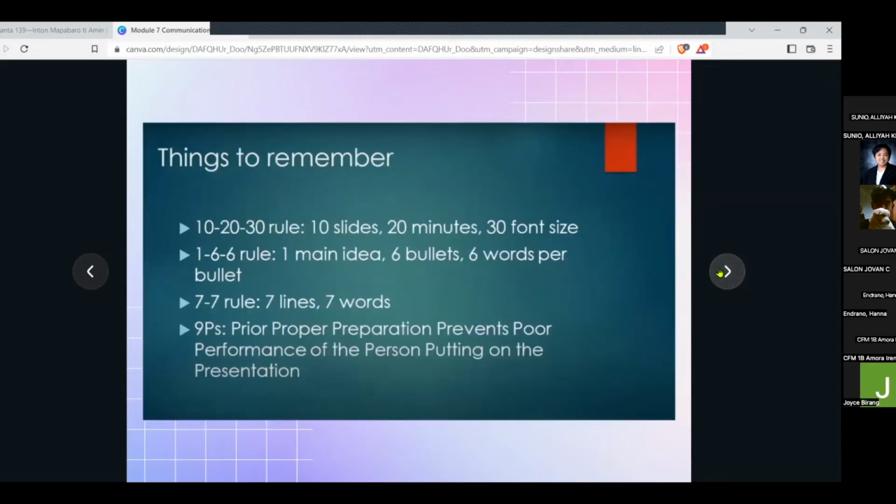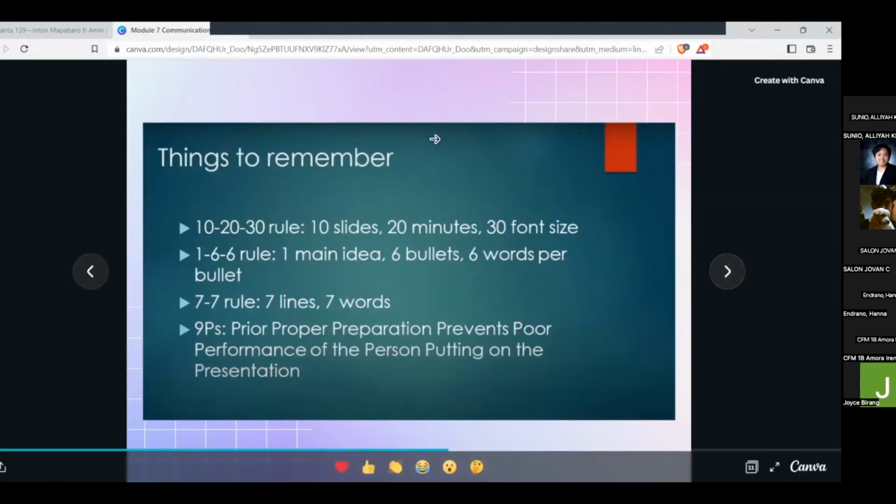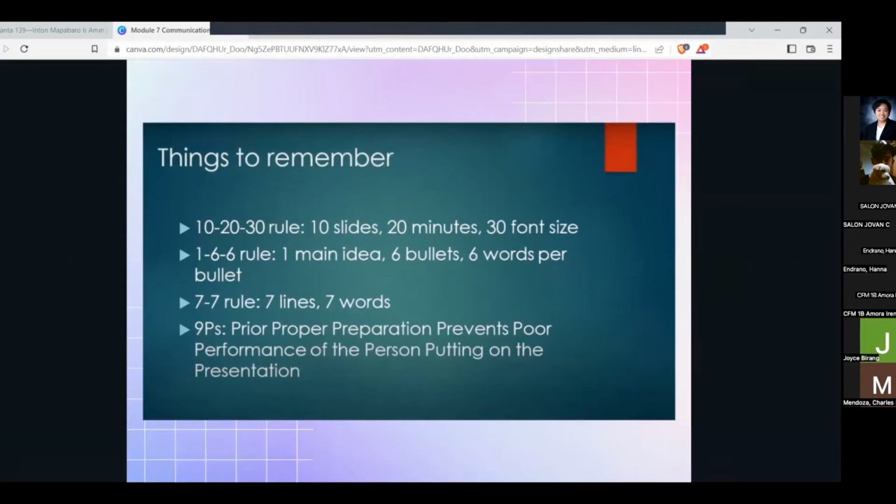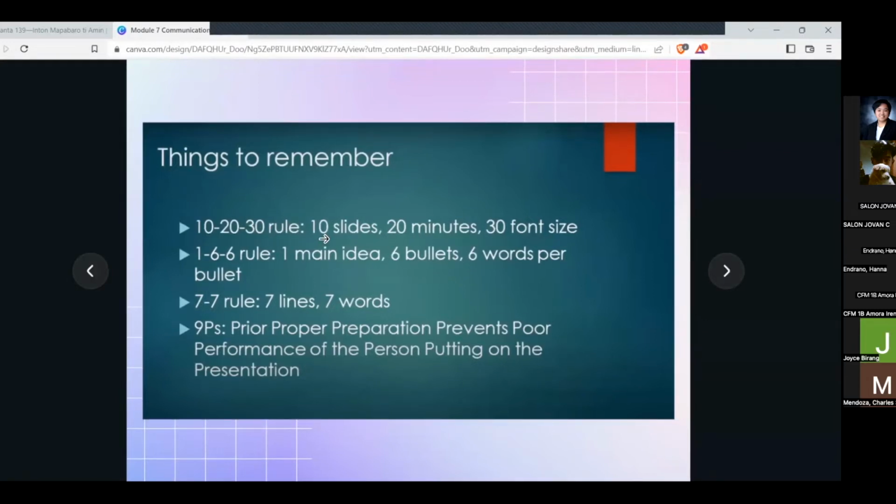Next, we've talked about PowerPoint, so here is a quick list of things to remember. We have here the 10-20-30 rule. What is this rule? Make sure you have 10 slides in 20 minutes and a font size of 30.